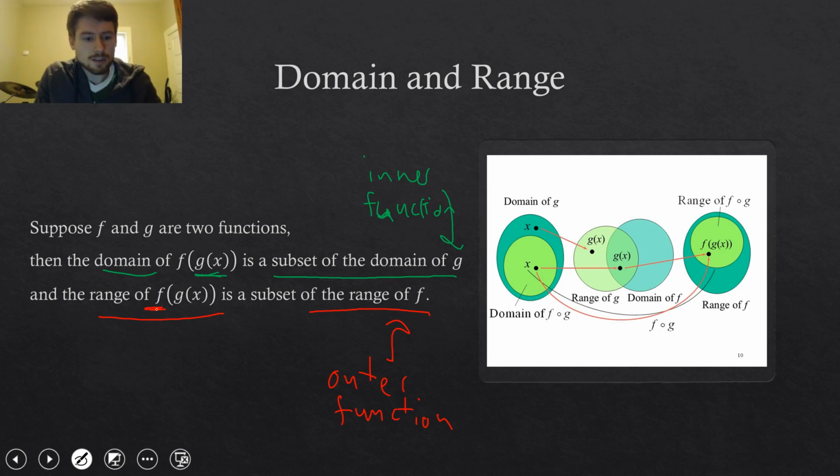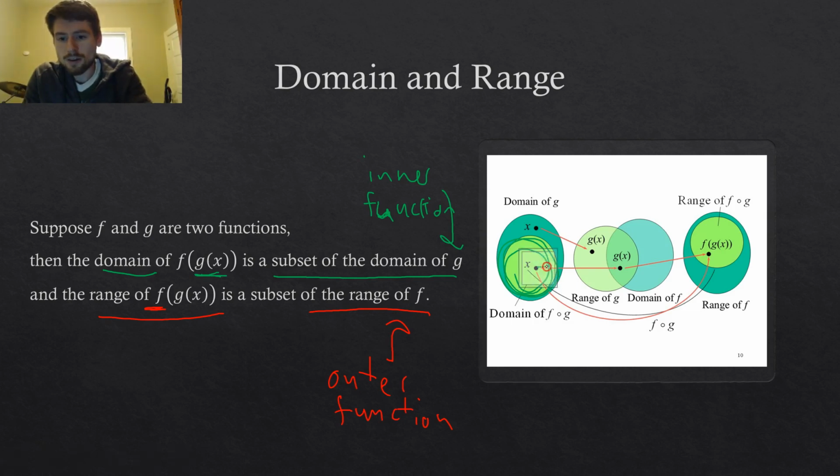In this diagram on the right, it's supposed to illustrate these things. We have over here the domain of the function composition, which is some chunk of the domain of g. It may be all of the domain of g, but it's never more than the domain of g. And so along the way, this x right here, in order for it to make its way to the ultimate end goal, which is f of g of x, has to pass into the domain of f.